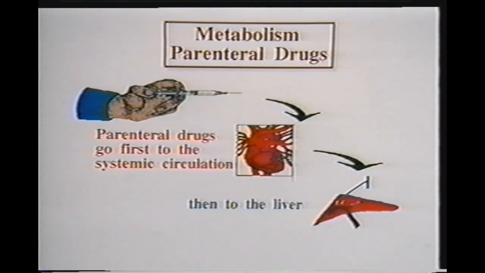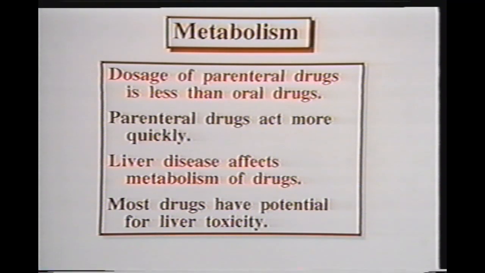Now, parenteral, remember, is anything other than oral. So it's IV, IM, sub-Q, etc. A word about metabolism of drugs. We said that usually the dosage of parenteral drugs is less than that of oral drugs. Parenteral drugs act more quickly because they can bypass the liver, essentially. Liver disease will affect the metabolism of drugs.